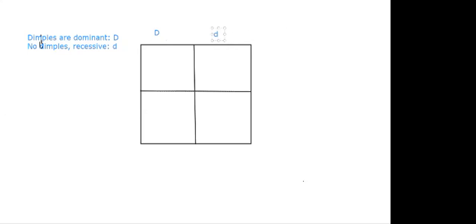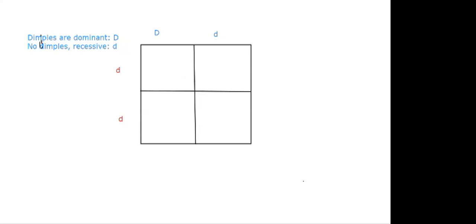Okay. It's not very tidy, but you know, it's what we got. I'll make these red. We know that the other parent does not have dimples, so we know for sure that their genotype is going to be little d, just like that. So far, so good? Yep. So here's one parent up top. Here's one parent on the side.